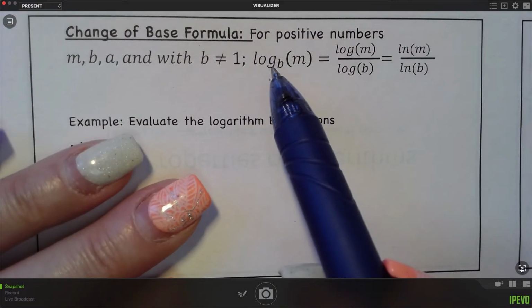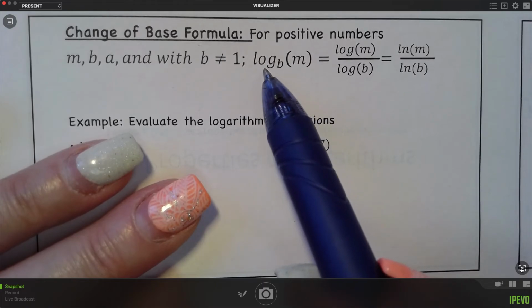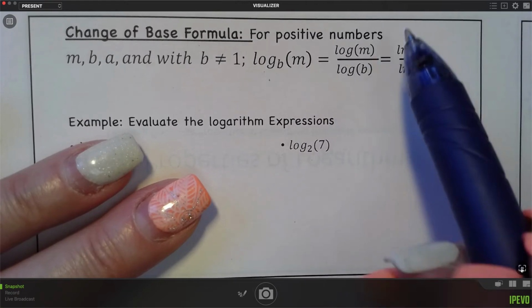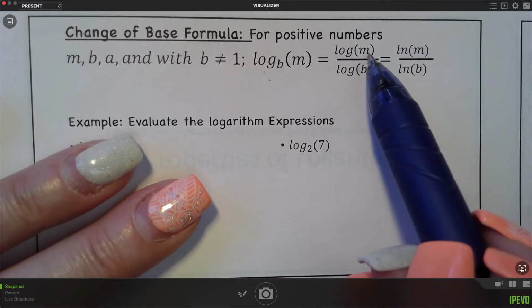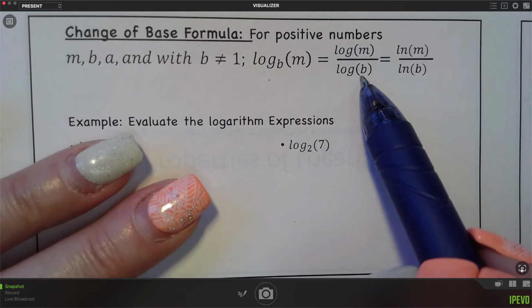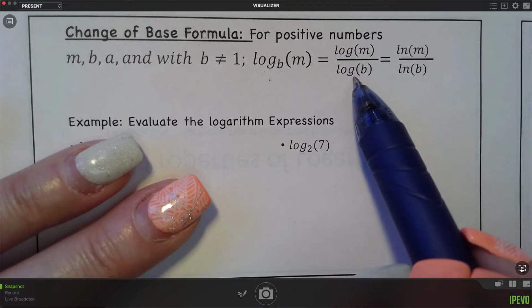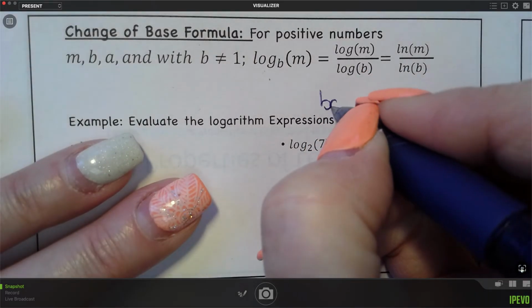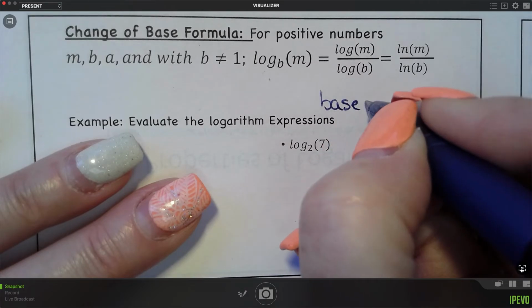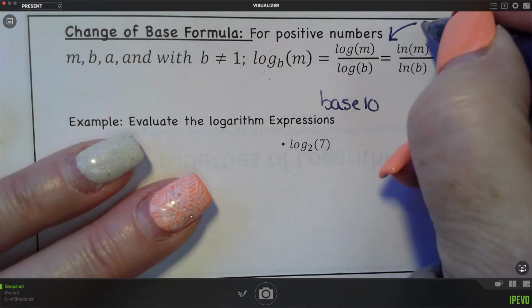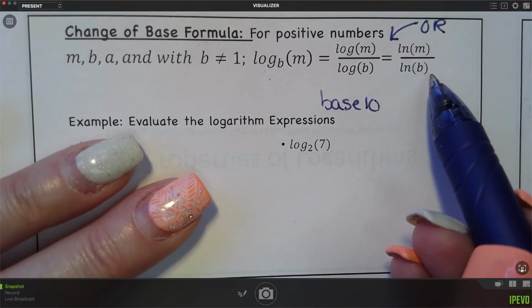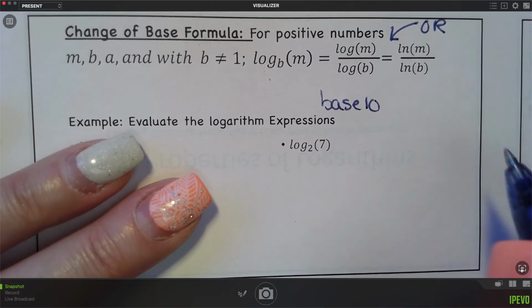So we're going to do the change of base formula that takes log base B of M and puts it into log of M over log of B. What base just happened? It went from base B to base what? 10. So this is base 10. Or you could take natural log of M over natural log of B, and I can put that in my calculator, right? And that is base E.